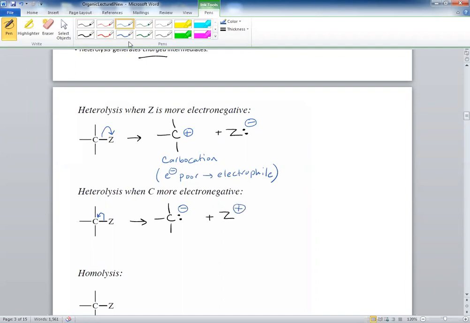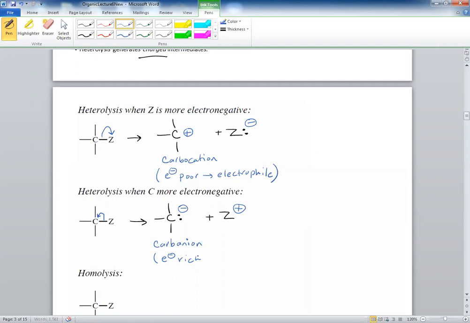What's the name now of this? From general chemistry, anything with a negative charge, we called it an anion. So we call this a carbanion. That's a negative ion, that's an anion, so we put carb for carbon. It's electron rich.